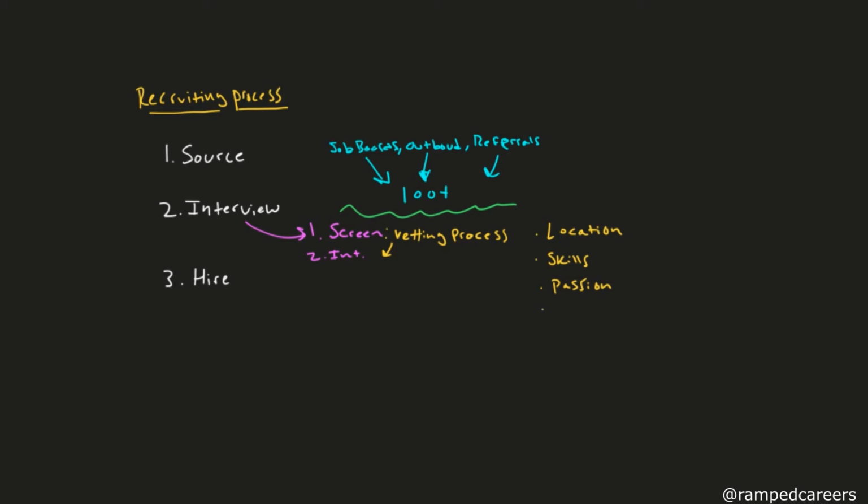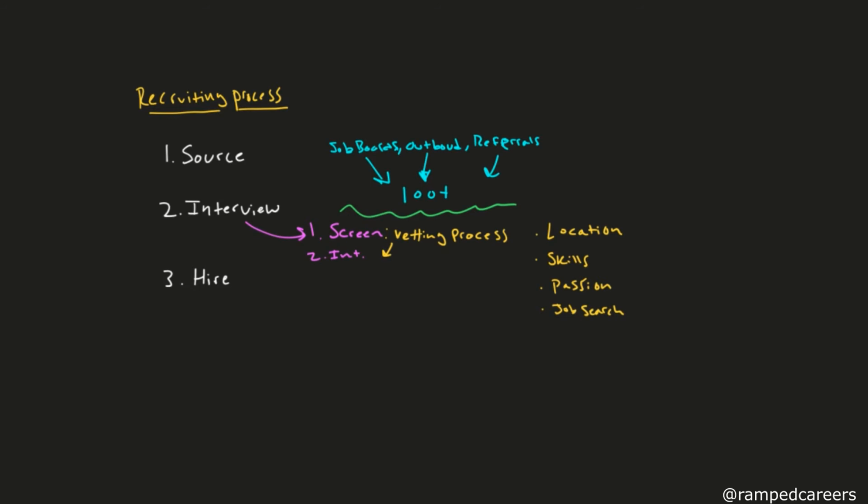And then we're going to vet them on the job search, to see, are they actually looking for a role right now? That may seem kind of silly because, of course, they're looking for a role while they have applied, but you'll be surprised that there are a lot of folks out there that will apply to a job and say, hey, I'm really excited to work for your company, I'm looking for a job in 6 months. Maybe I'm graduating soon, or maybe I can't leave my current job, but I'm looking down the road.